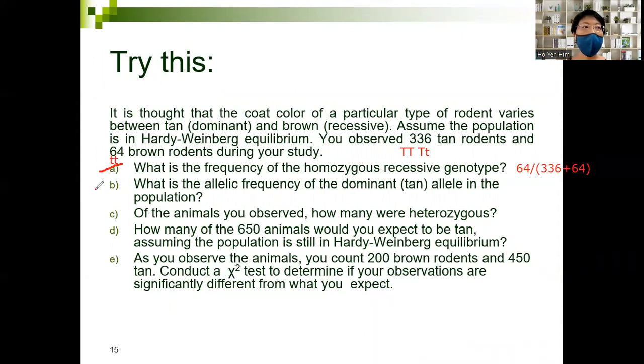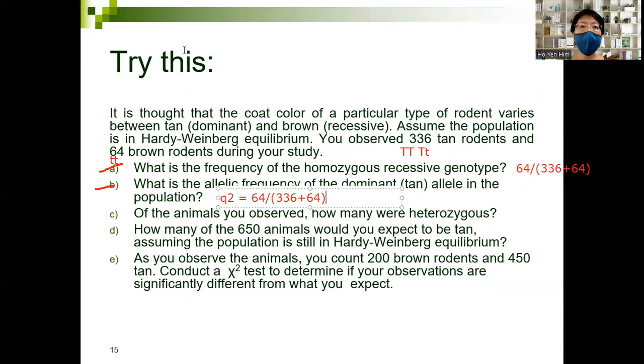Okay. B. What is the allele frequency of the dominant allele in the population? Dominant, you have to use the recessive one to find out, isn't it? Okay, so q squared is equal to 64 divided by 336 plus 64, right?